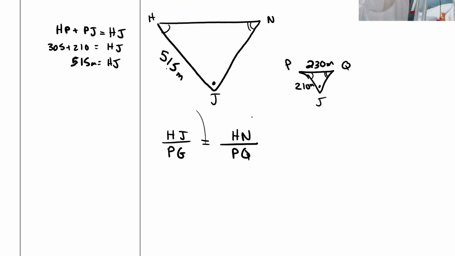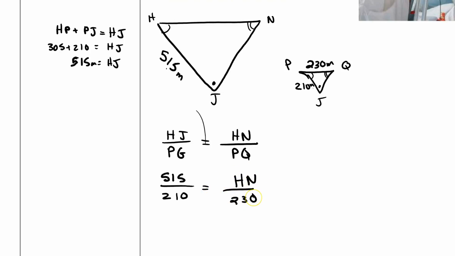So let's just put in the values that we know. So we know that HJ is 515, PJ is 210, PQ is 230, and we have HN. Now, let's remind ourselves how to isolate this.